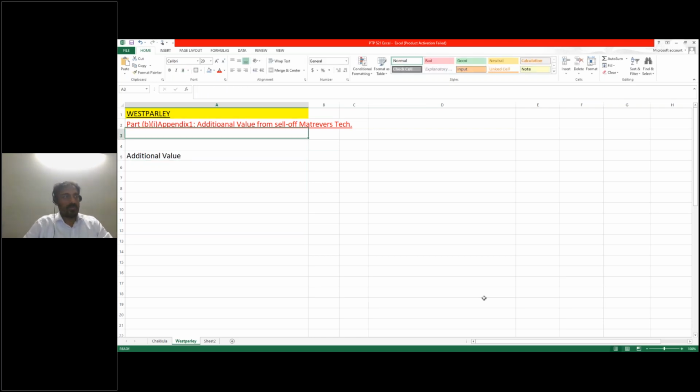By comparing the value of Metaverse Tech by free cash flow as continued business.